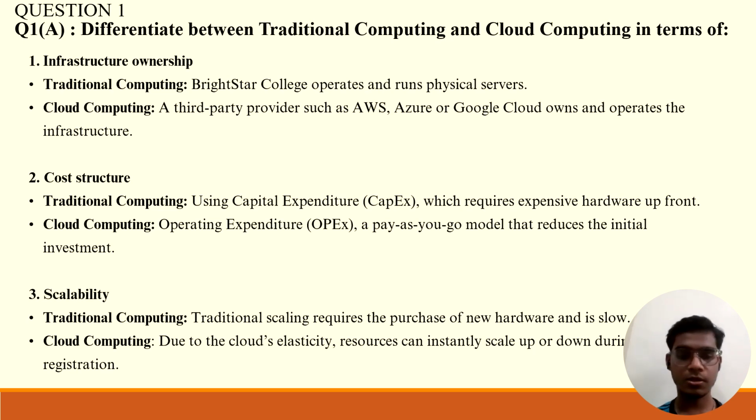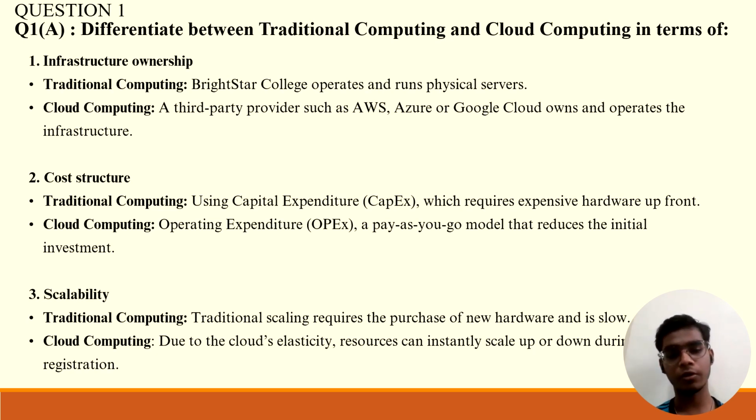The next is cost structure. Traditional computing uses capital expenditure, or CapEx, which requires high upfront costs to purchase hardware. In cloud computing, it uses operating expenditure (OpEx), which follows a pay-as-you-go model, making it more flexible and cost efficient.